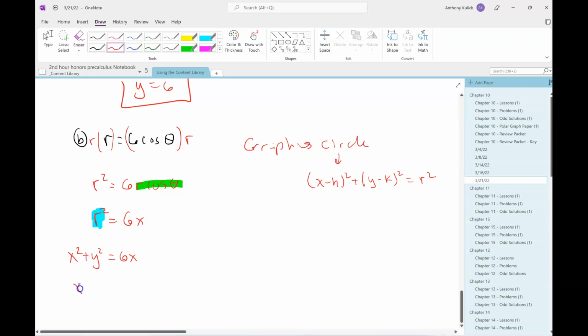So what I'm going to do is subtract that 6x over, and I'm going to have to do what? The initials are C, T, S. Completing the square. Do you guys remember how to do this?